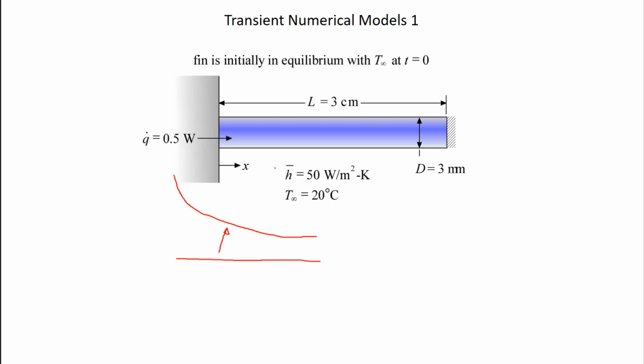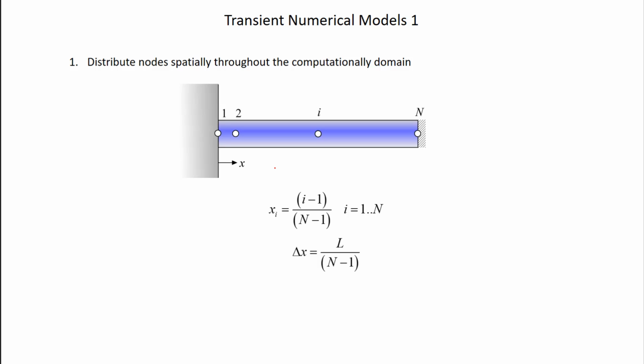The first step in our numerical model is to distribute nodes spatially throughout the computational domain. There are different ways of doing this, but we're going to take the most basic approach, which is to distribute the nodes uniformly so that the distance between every two nodes is the same. This is delta x between node 1 and 2, and it's the same as delta x between node 2 and 3, and so on.